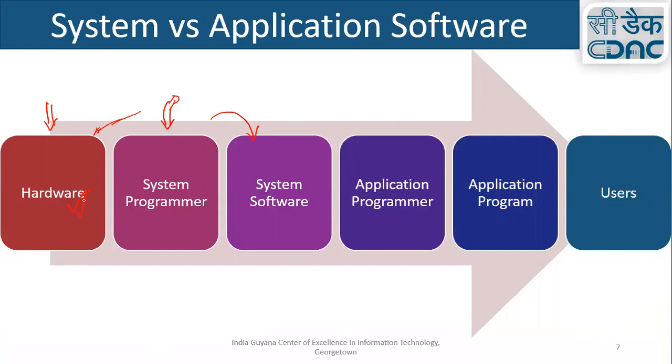Application programmers, those who create application programs, must have knowledge of system software to create the application program. As an end user, you must have knowledge of how to use the application program.